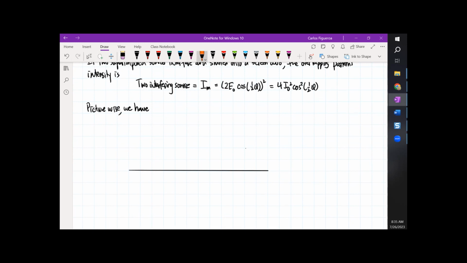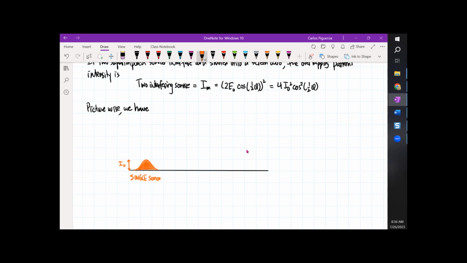I'm going to have a single source, and let's say the single source is going to be this high. The reason why it's this high is because it only depends on the amplitude squared. There's nothing special. So I look at this from here to here. This is I naught, and this is a single source.